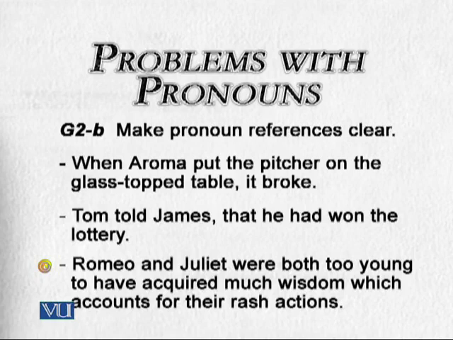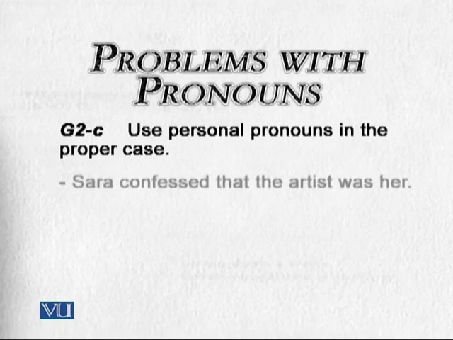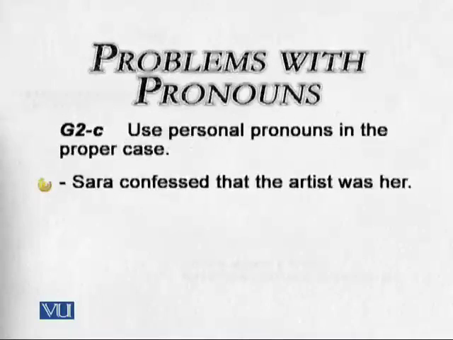Let's move now to our next rule for pronouns, and that says: use personal pronouns in the proper case. Like the example: Sarah confessed that the artist was her. Now here, in this sentence, we have to see what the pronoun her refers to. Sarah confessed that the artist was she.